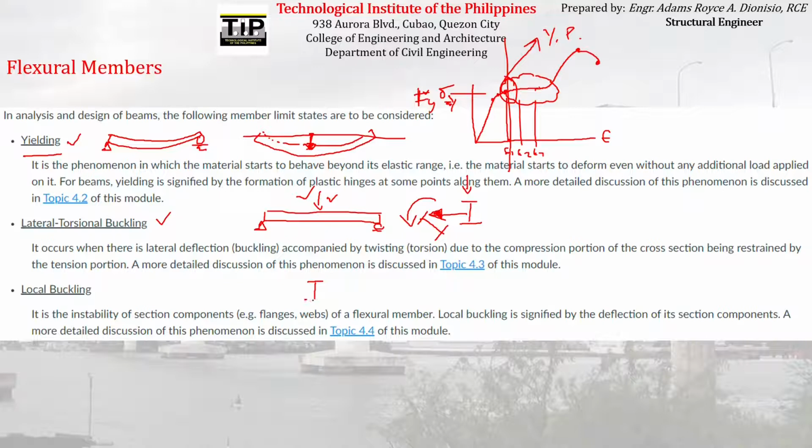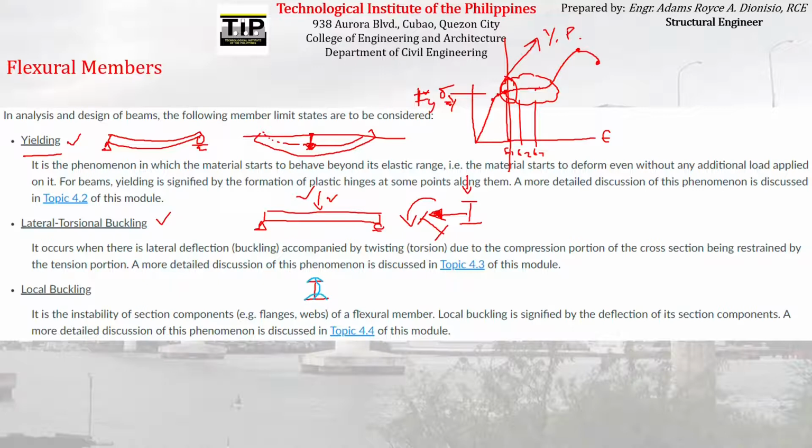So kung originally ganyan yung position niya, pwedeng mangyari sa kanya ganito. Pwedeng mag-buckle. Kunyari maging ganyan yung itsura ng top flange, tapos yung web gumanito, tapos yung bottom flange pwedeng gumanyan.